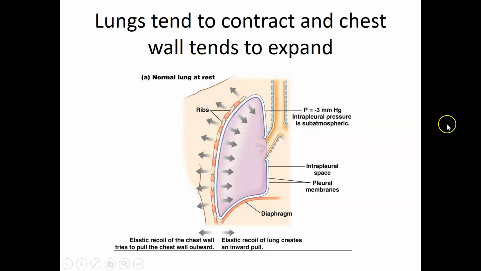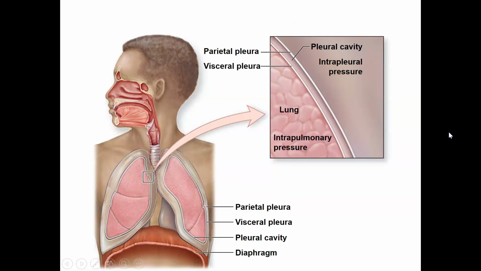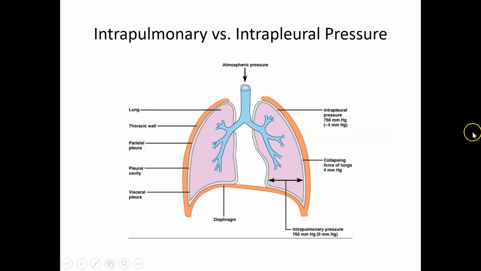Now, the importance of that in keeping your lungs expanded can be seen when this fluid seal is broken. And that can happen in certain injuries. Oh, sorry, I forgot that this slide is also showing what was shown on the previous slide.